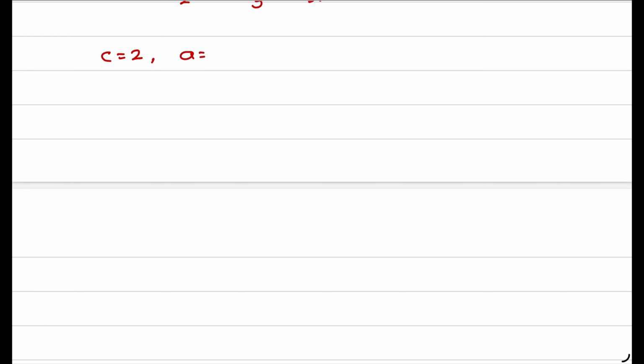And A is equal to 2, B is equal to 4, or C is equal to 2, A is equal to 4 and B is equal to 4, or C is equal to 2 and A is equal to 4 and B is equal to 2, from the symmetry.